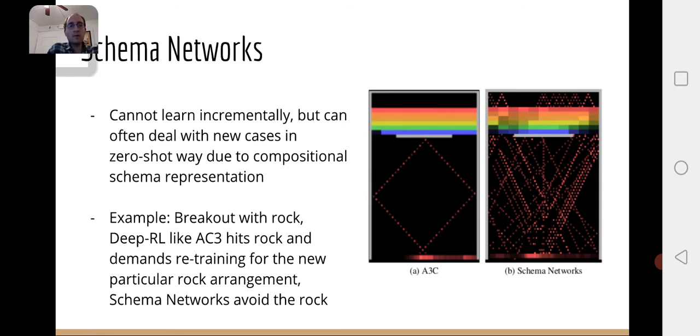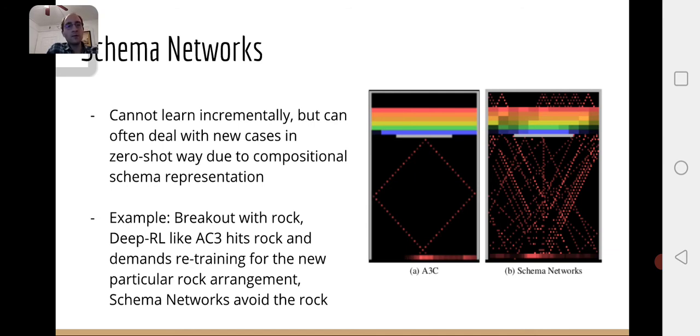It will demand additional training to handle this case, while the schema network actually is able to deal with this new rock arrangement without any additional training, since it has learned a representation which is able to take into account those properties of those rocks, essentially to have a partial description which it can use in order to allow for this kind of zero-shot transfer.